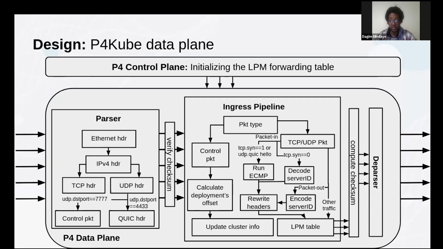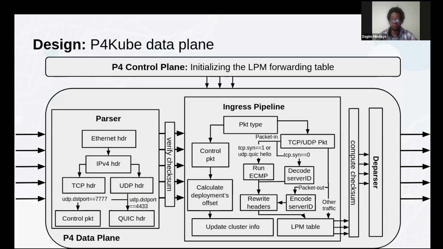If the packet type is TCP or UDP, it checks the SYN value. If it's 1, it knows it's an initial handshake. So it does ECMP hashing, which distributes the load equally amongst the nodes that we have.